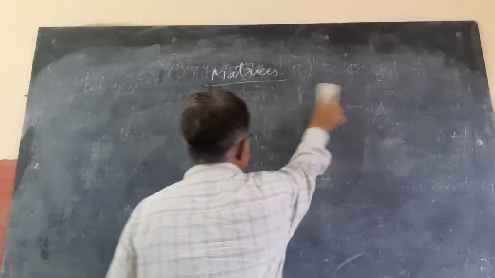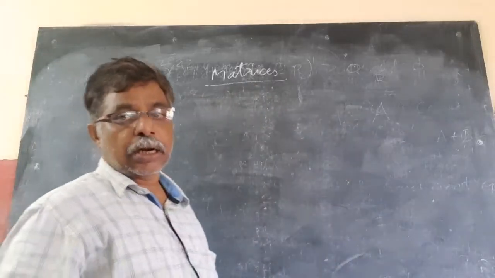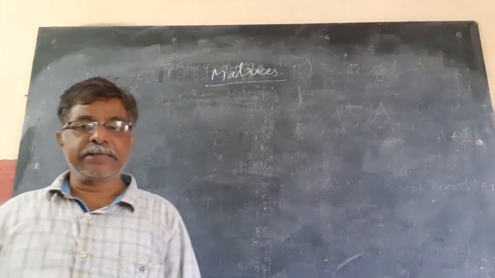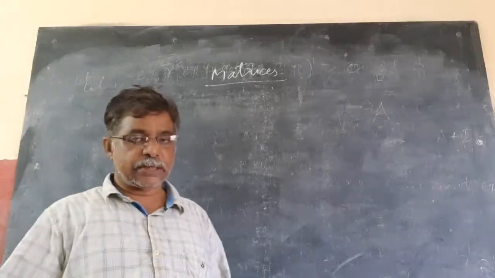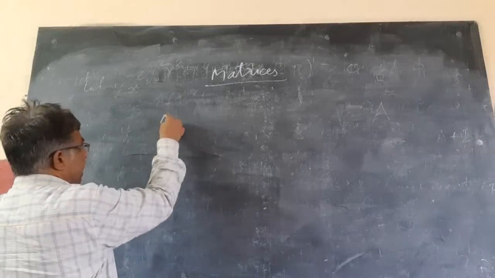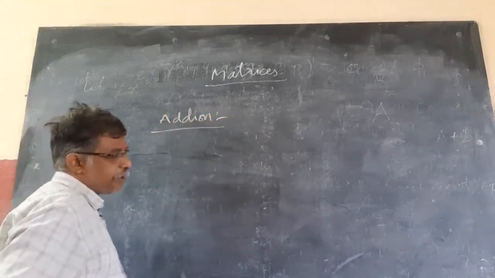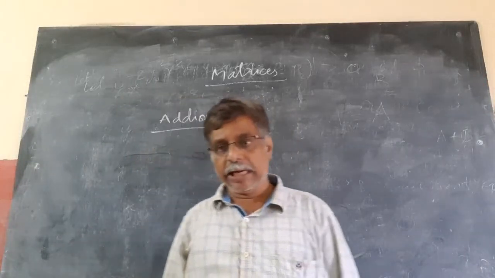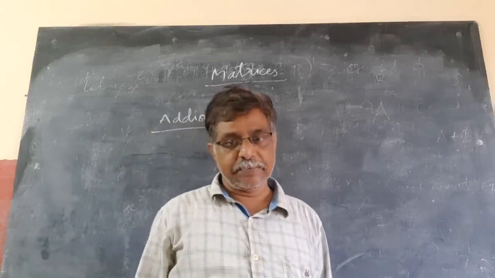Next, what more we discussed in first year? Addition of matrices, multiplication of matrices, next symmetric, skew symmetric, many more. First we will go for addition of matrices. Addition of matrices is possible only if they are of the same size.